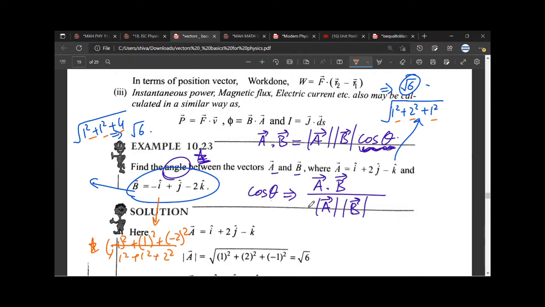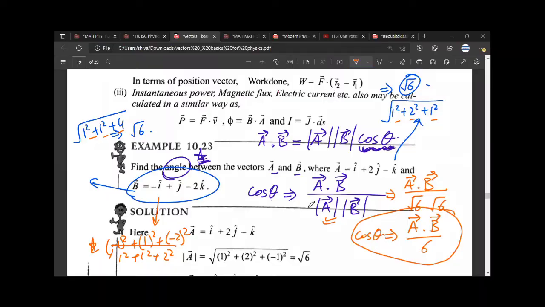Yes, sir. Okay. So cos theta is A dot B upon magnitude of A, which we have found to be root 6, and magnitude of B, which we have found to be root 6. So this will be equal to A dot B upon 6. Are we clear till here, Avantika? Yes, sir. Okay. Now what?